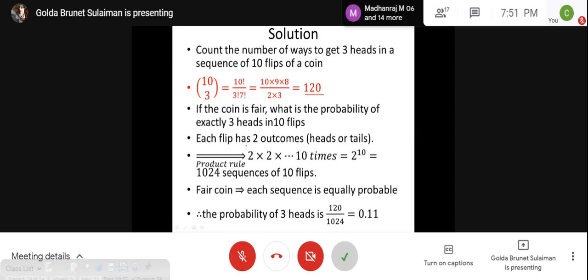In each experiment, we have 2 outcomes. We are making 10 flips, so you have 2 to the power 10 possible combinations of outputs. Do you agree with that?